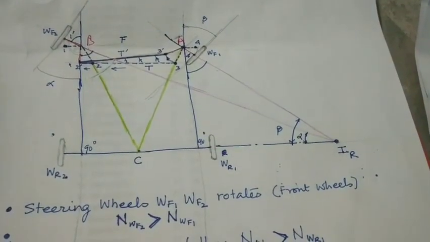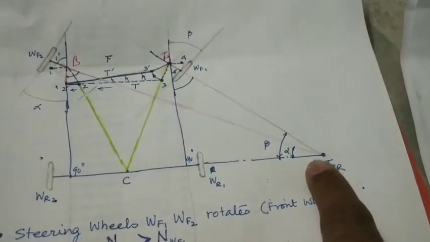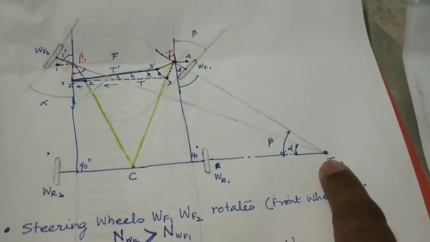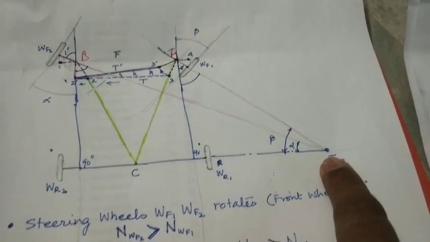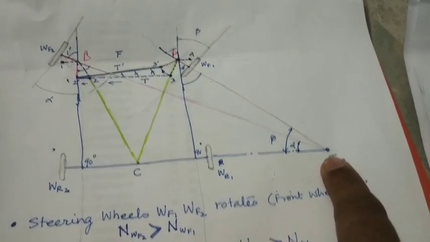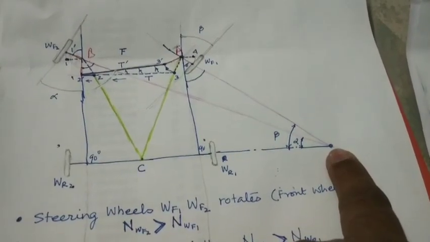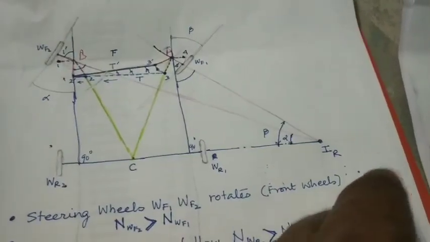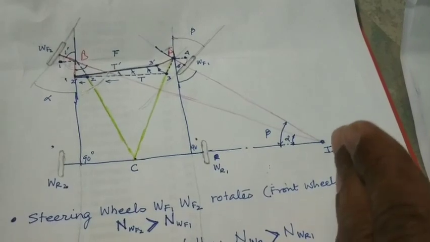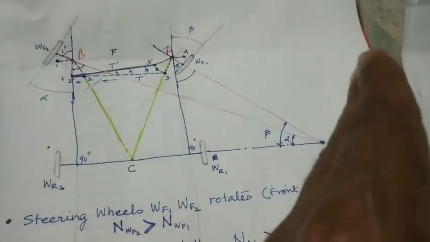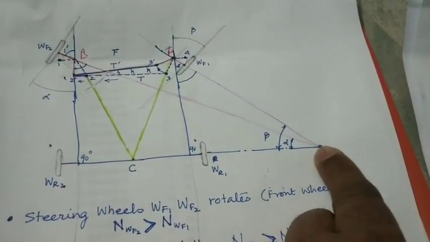It is not a fixed position. It is instantaneous: at that particular moment it is the center at that instant. So the instant you change the steering wheel angle, this center will also shift.